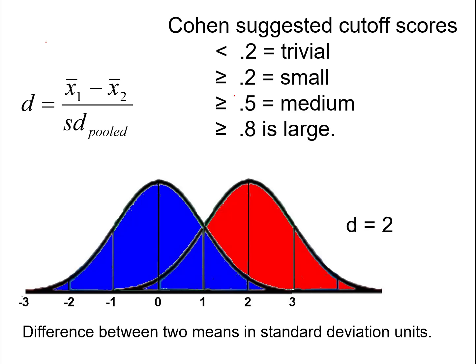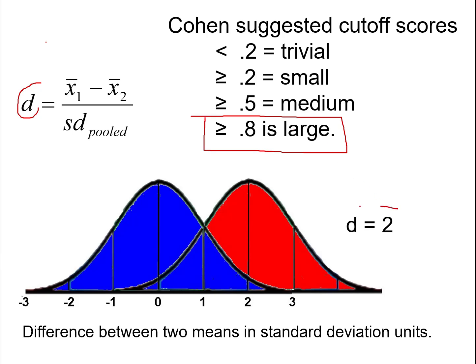If we're not used to looking at research and interpreting effect sizes, it's really helpful to have some handles we can put on them to say, this effect size is small, this one's medium, and this one's large. So if we calculate a d-statistic and we get a D of 0.8 or larger, that is 0.8 of a standard deviation of difference between two groups or more, we're going to call that a large effect.